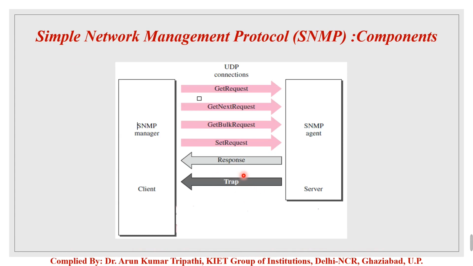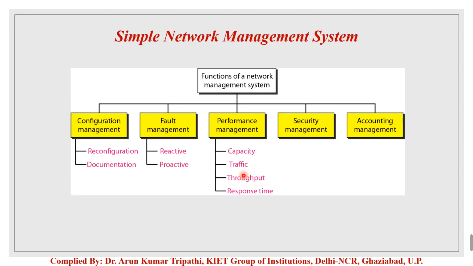So trap is a particular type of message, meaning when the agent is not performing its actual action as it should, it will send a trap message, meaning some unusual activity was found at the SNMP agent. It will inform back to the SNMP manager.